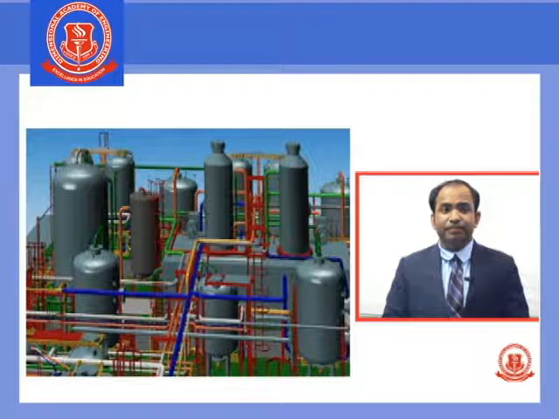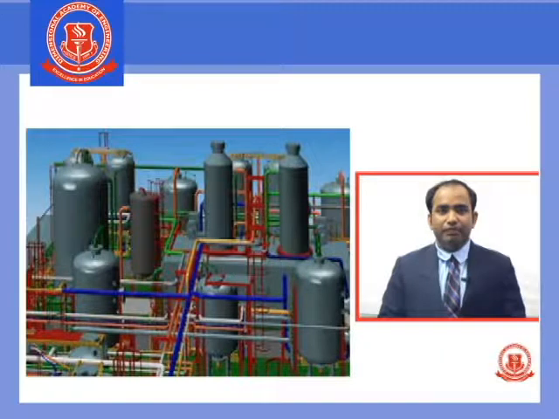This is a diagram showing the presentation of a chemical equipment plant where the chemical equipments are connected by the piping. This is the PDS representation of a chemical process plant.